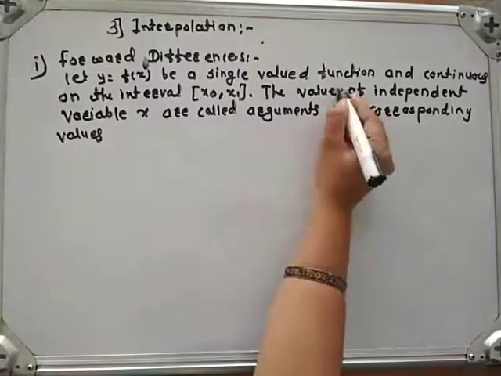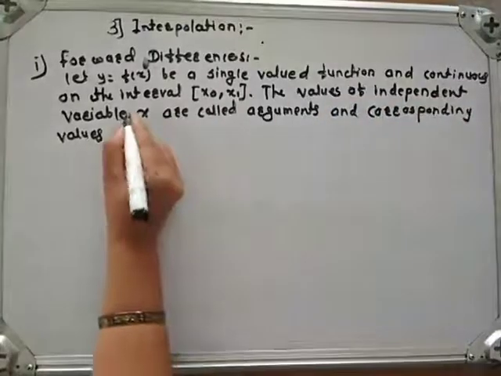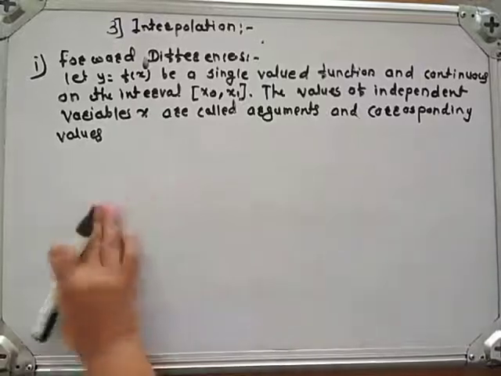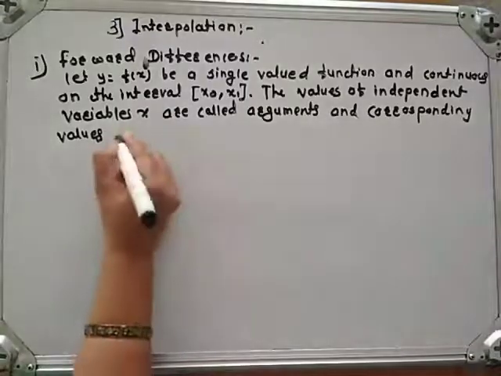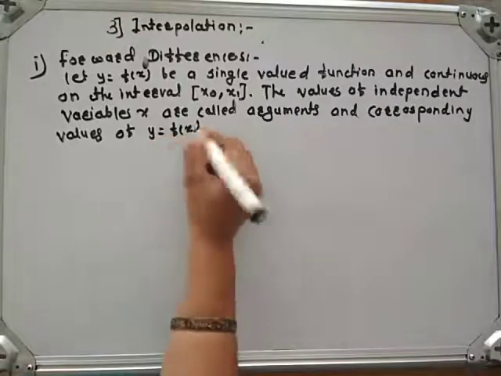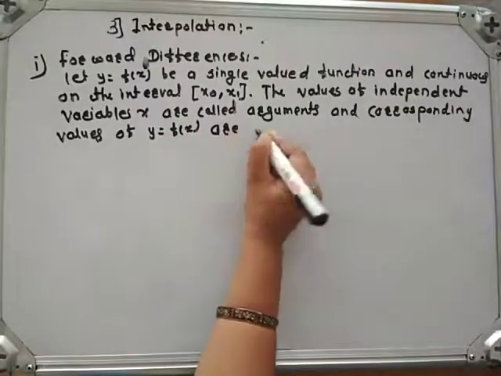The values of independent variable x are called arguments, and the corresponding values of y is equal to f of x are called entries.